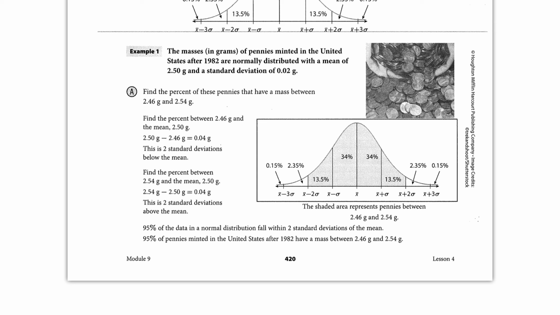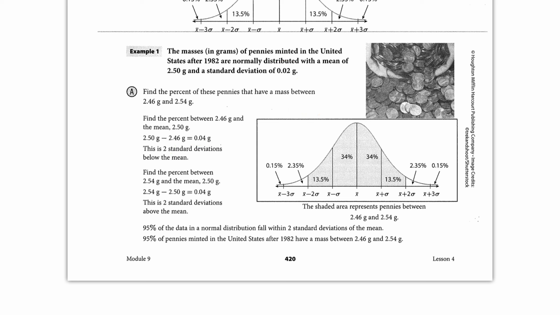Well, that's a difference of 0.04. It told us the standard deviation was 0.02, and we just found that it was 0.04 away from the mean, which means that that is 2 standard deviations, because 0.02 times 2 would give us 0.04.